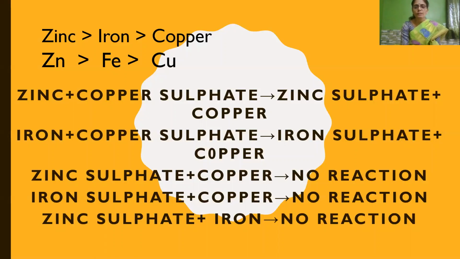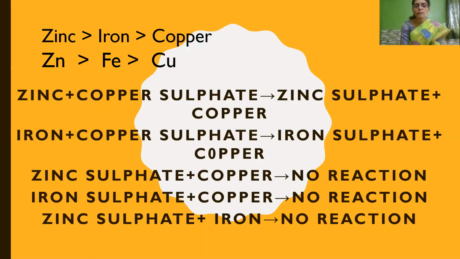First reaction: zinc plus copper sulfate. Here you first note down which is the compound. The compound is copper sulfate, isn't it? Then, what is the metal present in that compound? Copper. So you compare this copper with zinc.